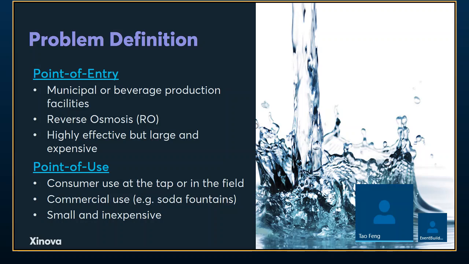In this RFI, we don't care about point of entry applications. We only care about point of use water purification applications. The primary application where we will use the water purification technologies is on-site beverage production, for example, the soda fountains in a cafeteria setting.